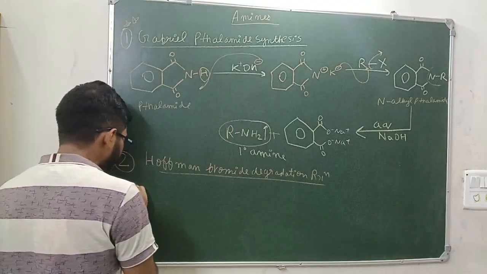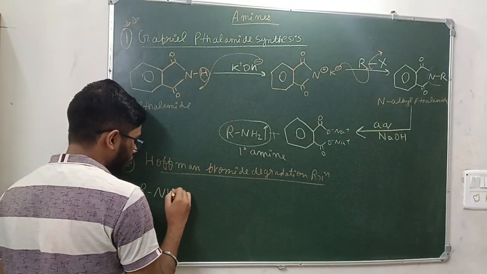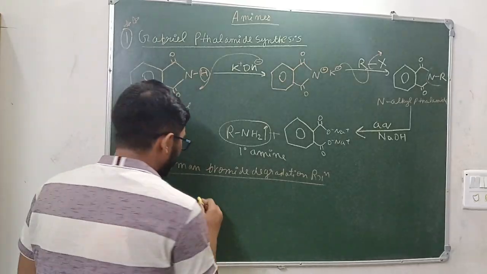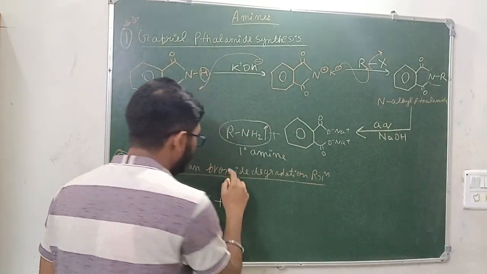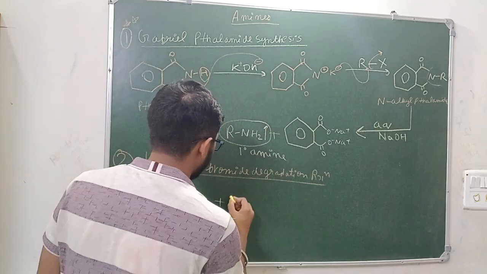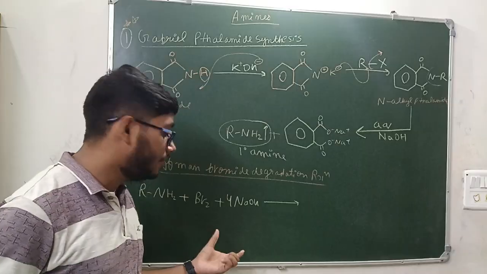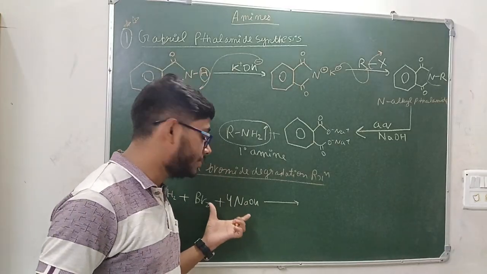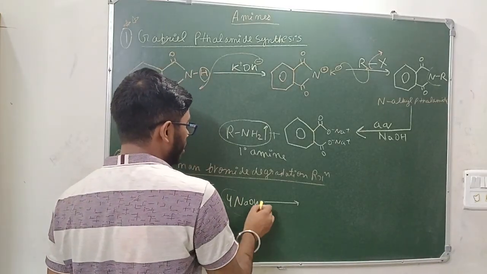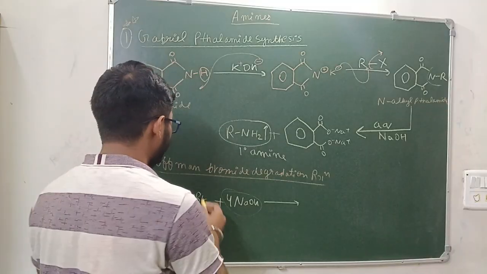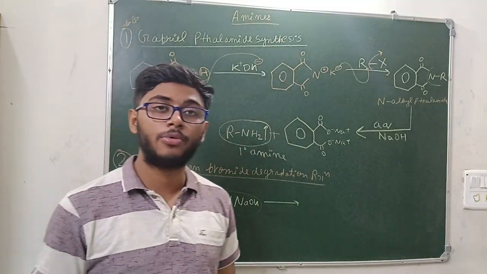See here, you have to react 1 degree amine RNH2 with Br2, and with 4 moles of NaOH. This is the only reaction in organic chemistry where they can ask how many moles of NaOH are reacted, or how many moles of Br2 are reacted, and what the byproduct is formed.